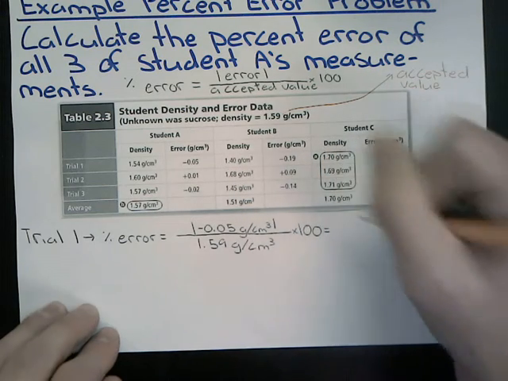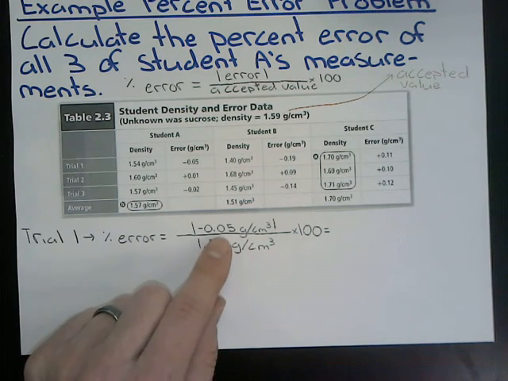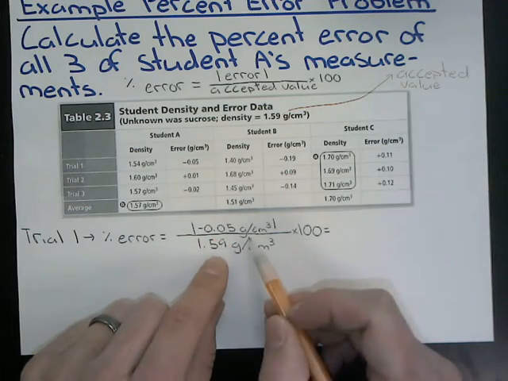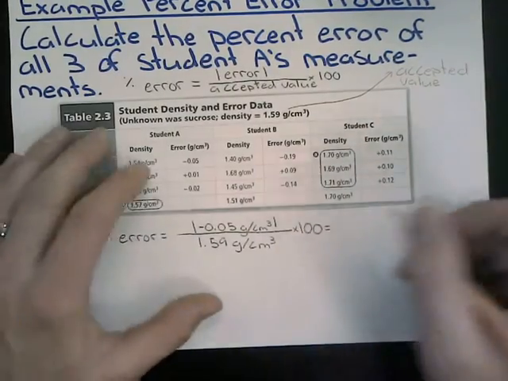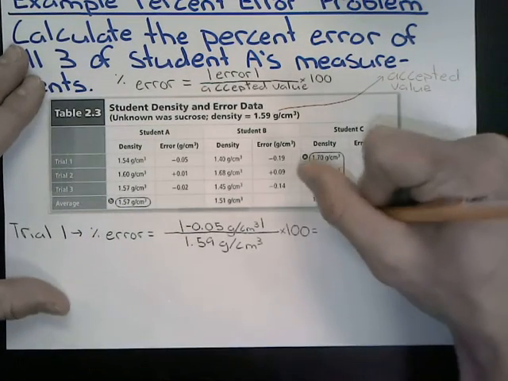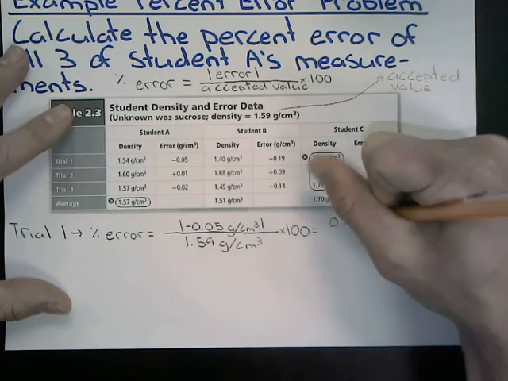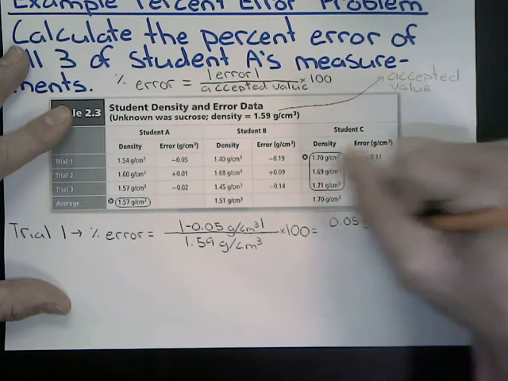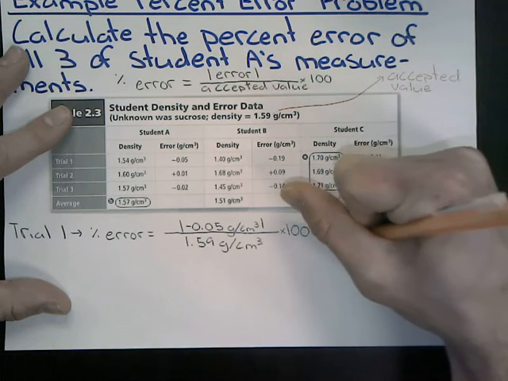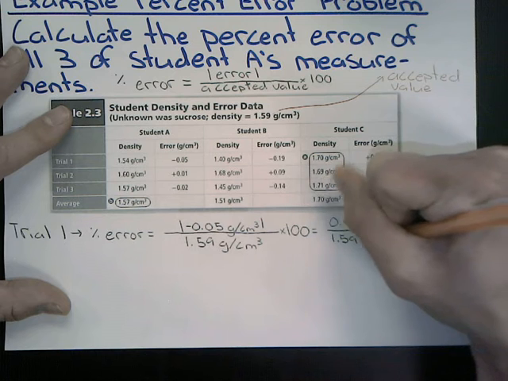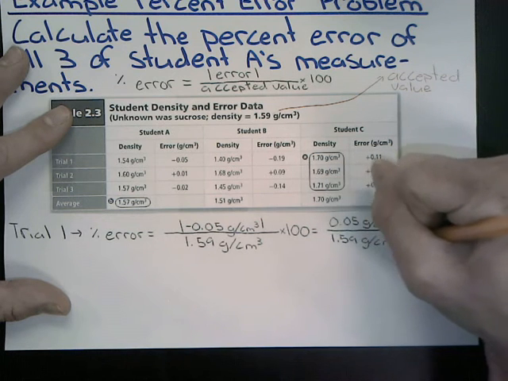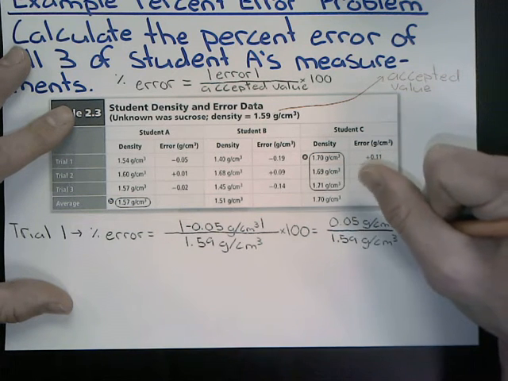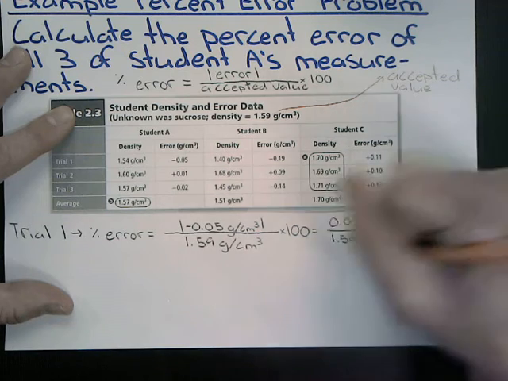Now, before we calculate, I want to consolidate some of these things. The absolute value bars make no negatives. So we have 0.05 grams per centimeter cubed divided by 1.59 grams per centimeter cubed, and then we multiply that by 100.